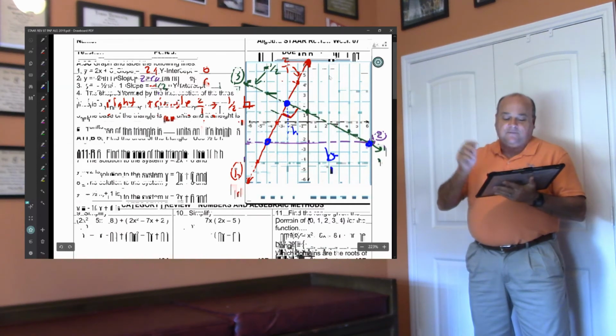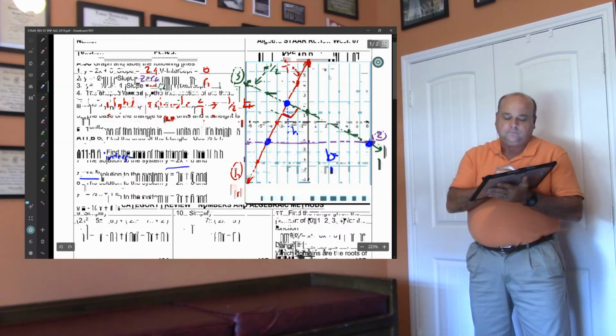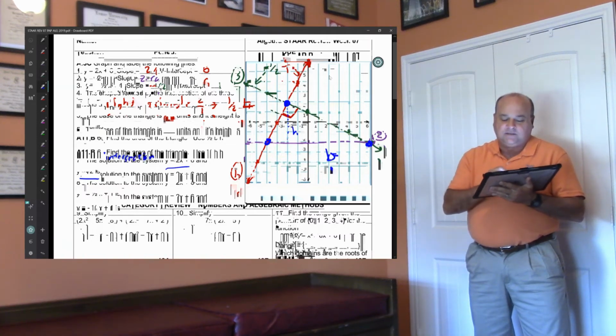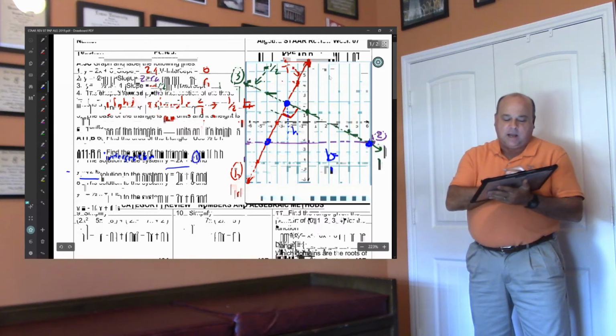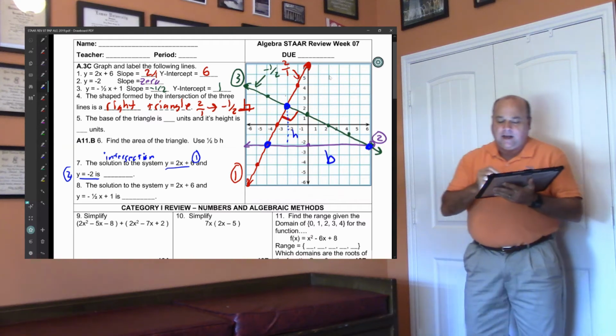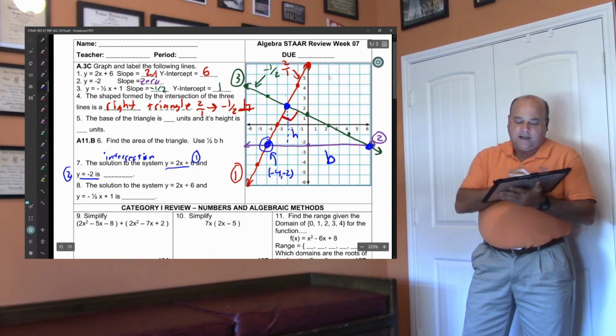Now then, number 7, this is important. The solution to the system is where the lines cross. Write down intersection. Okay, so y equals 2x plus 6 is line number 1, and this is line number 2. So I want my purple line and my red line, which is this point. That ordered pair is -4, -2. That goes right here.